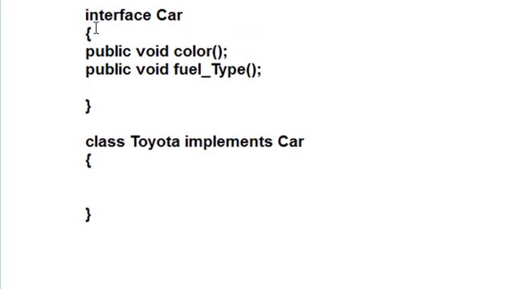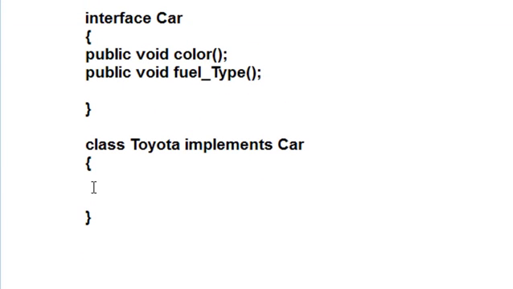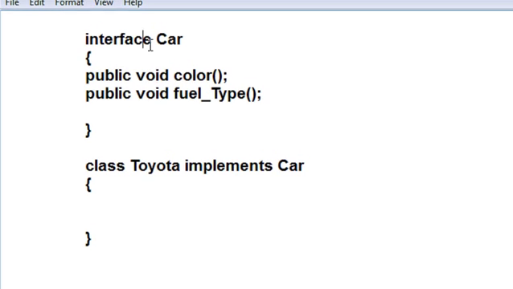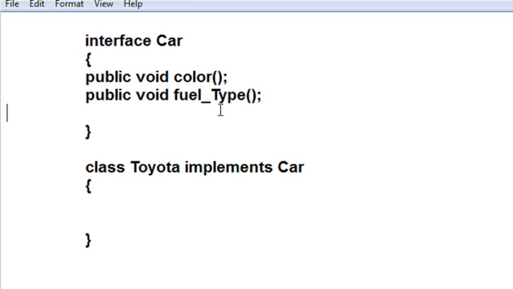Here the class is closed. In the previous part we already learned that whenever a class implements an interface, that class must implement all the abstract methods in that interface. In this interface there are two abstract methods present, color and fuel type.